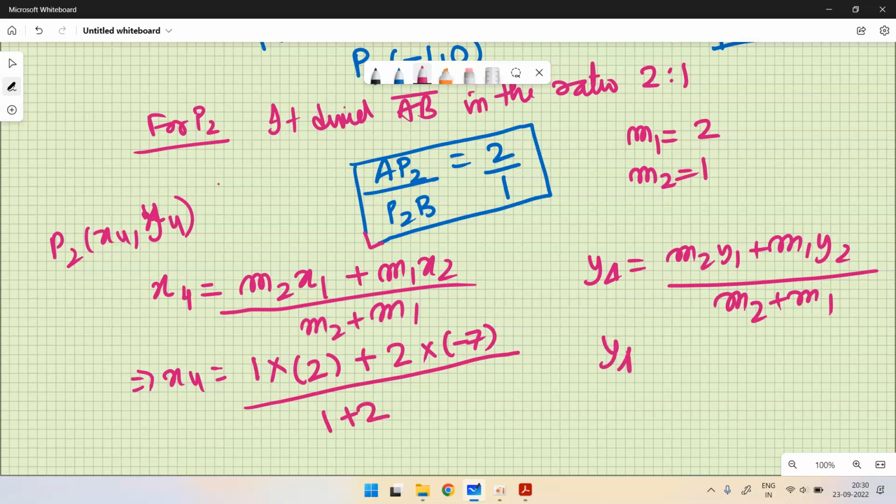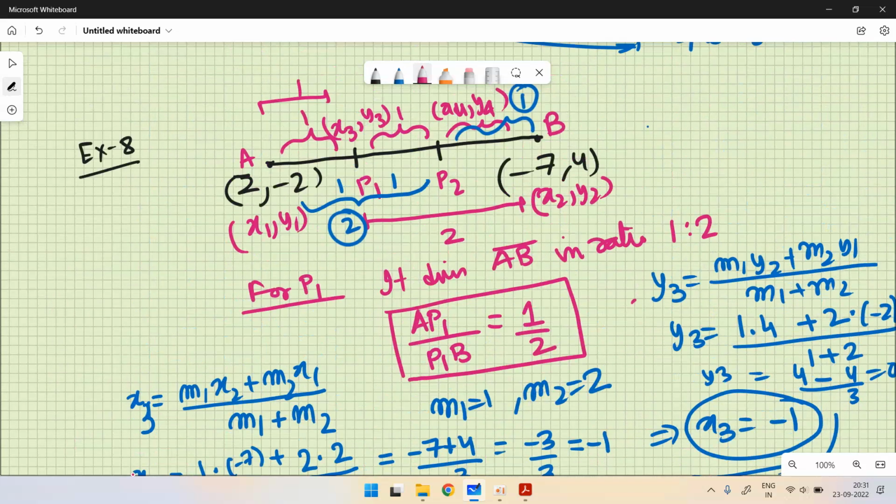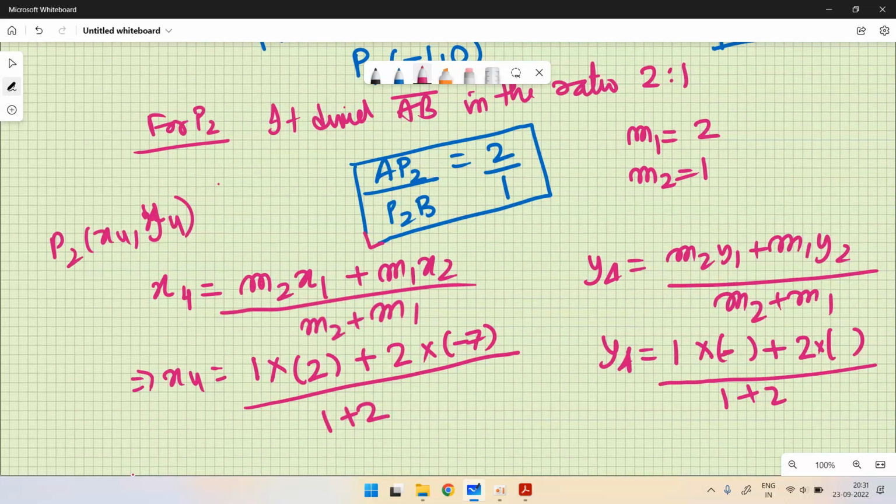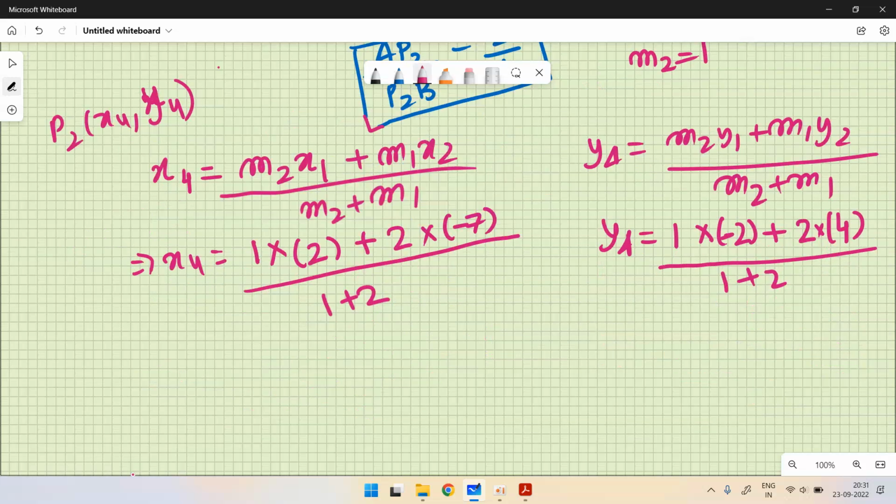What is y4? y4 is m2, which is 1, into y1, plus m1, which is 2, into y2, by 1 plus 2. y1 is minus 2, y2 is 4. Now from here this is (2 minus 14) by 3, and (minus 2 plus 8) by 3.